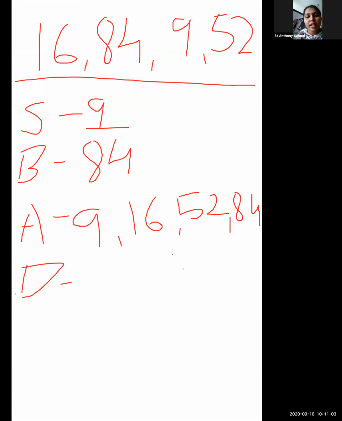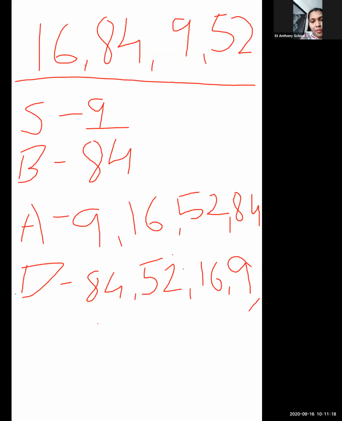First we write 84, the bigger number, then 52, 16, 9, the last one is the smaller number. Yes, I hope you are clear how to write numbers in ascending order and descending order.